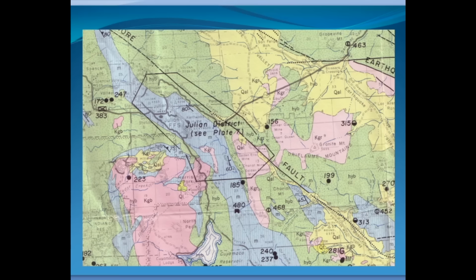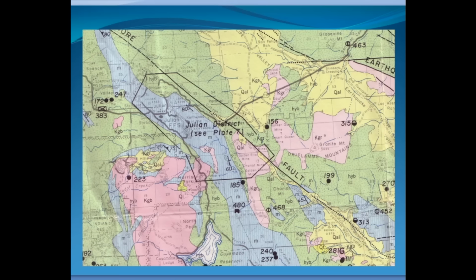GB is gabbro, and GR is granite. Those are both intrusive type rocks. They look similar, except the gabbro will be a lot darker overall than the granite, which will be a lot lighter overall.